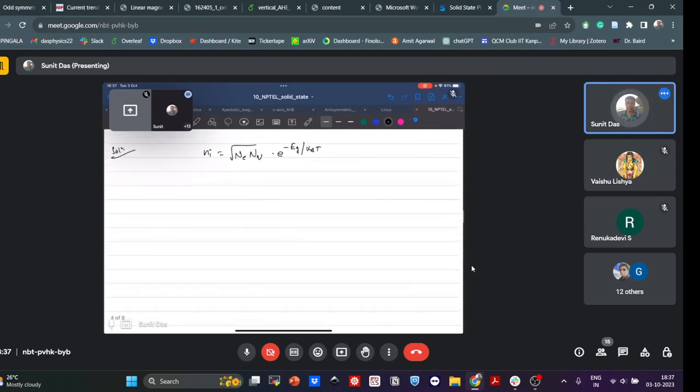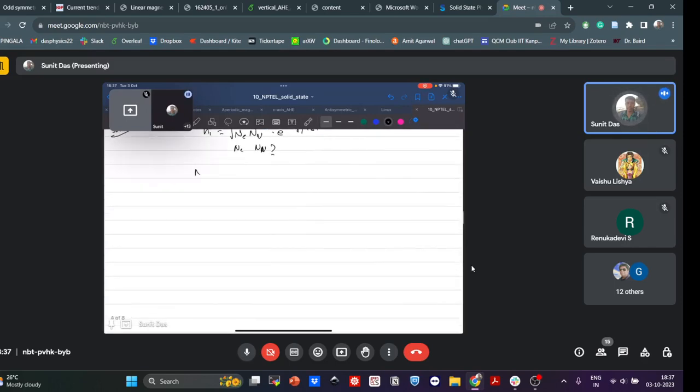Now we don't know Nc and Nv, and Nc, the effective density of states at the conduction band, is given by the formula 2 into 2 pi times the effective mass of electrons kBT by h square, to the power 3 by 2.